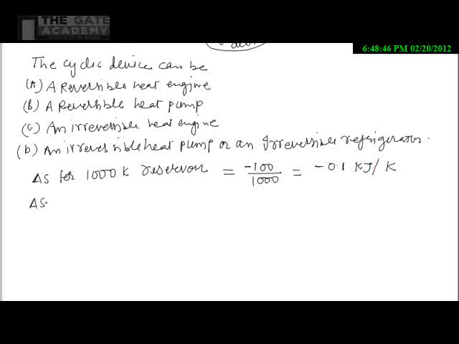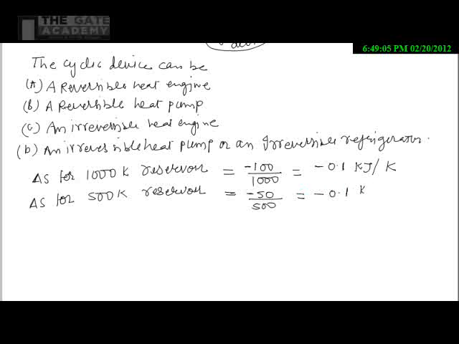Similarly, del S for the 500 Kelvin reservoir, it is also losing heat, so minus 50 divided by temperature 500, so again it is coming minus 0.1 kilojoule per Kelvin.